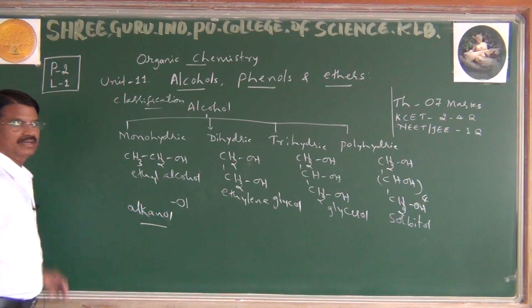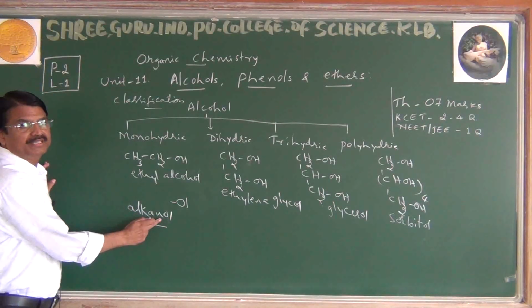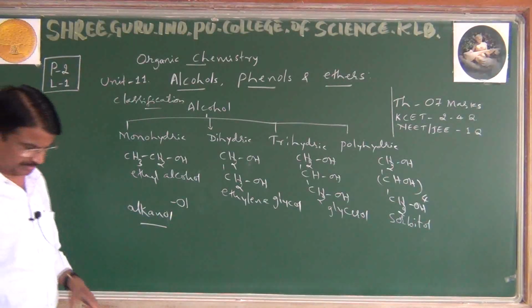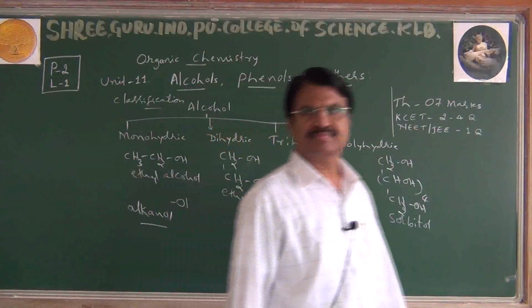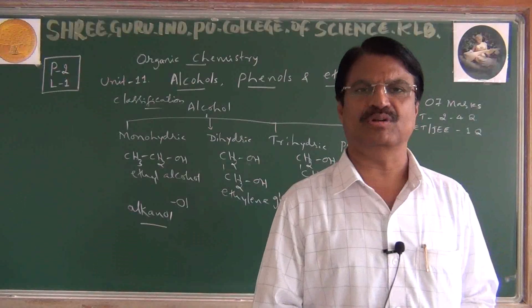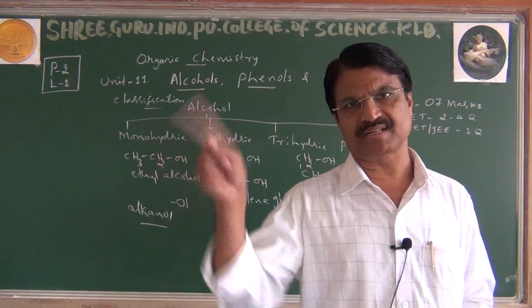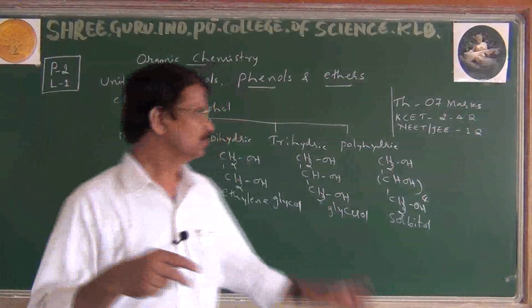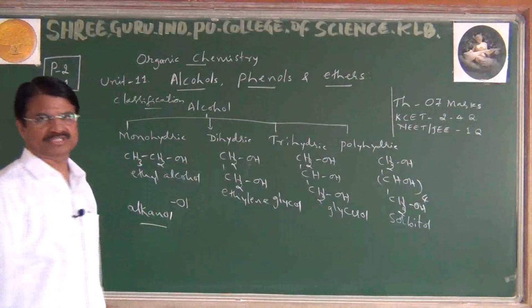The last ending E of the corresponding alkane is replaced by the suffix OL. Alkanol. If it is a one carbon compound, methanol. 2 carbon with 1 OH group, ethanol. 3 carbon with OH at carbon number 1 is propan-1-ol. Like this, we'll study a list of the compounds afterwards.